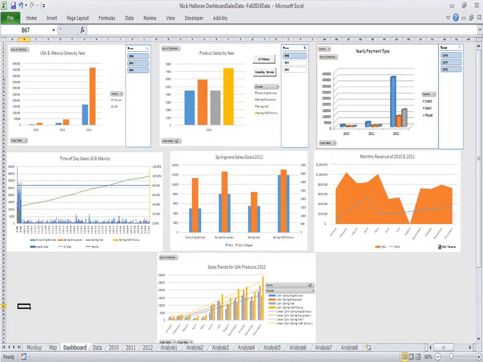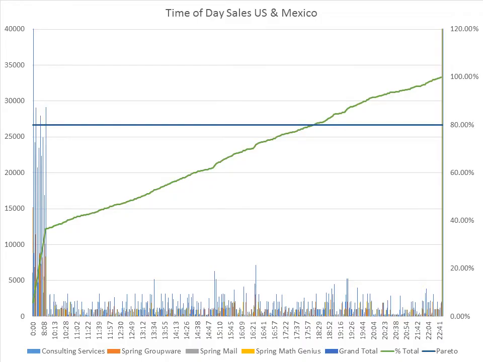So next, here's my Pareto chart that I wanted to talk a little bit about. I thought this chart was really cool because it did take some time sorting the data into time of day, and also into each product.